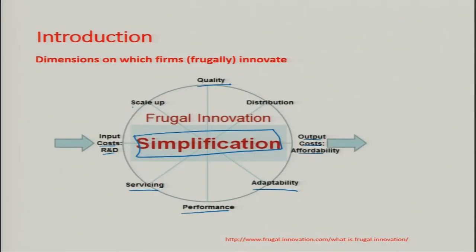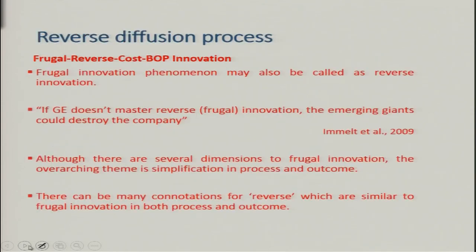That is sustainable innovation. And this is frugal innovation, in which we have all these parameters, we can scale up, distribution, simplification happens and the output cost is lesser. Affordability means lesser cost. These are the dimensions in which frugal innovation happens.